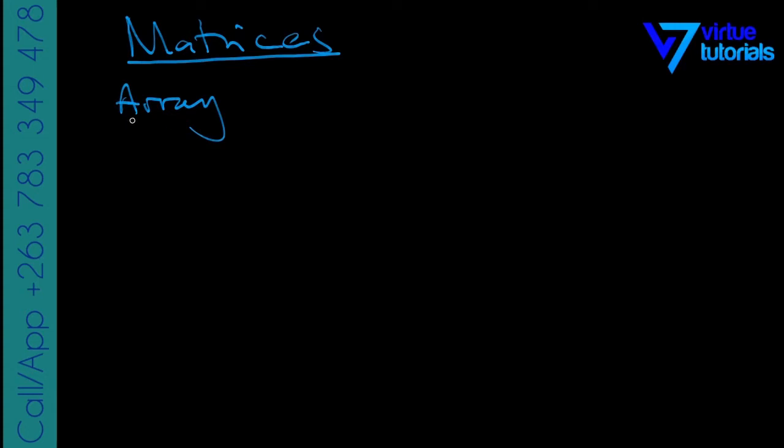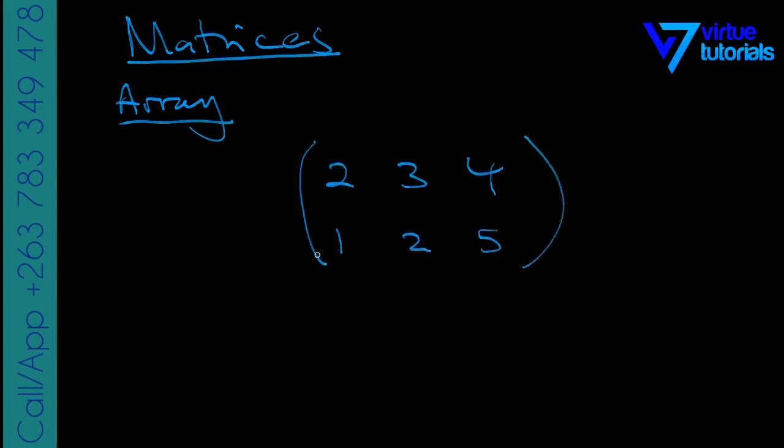If we're talking about an array, we are saying that the numbers are arranged in such a way that you can identify rows and columns. So if I have something like this, you can easily identify a row there with 2, 3, and 4, a row there with 1, 2, and 5.